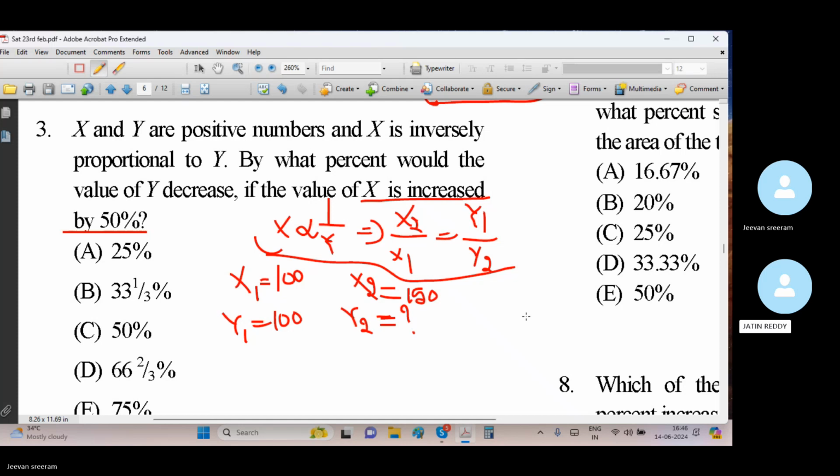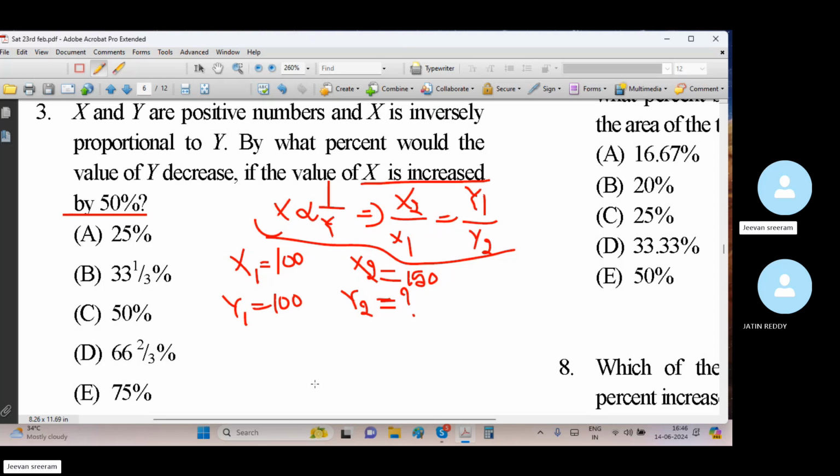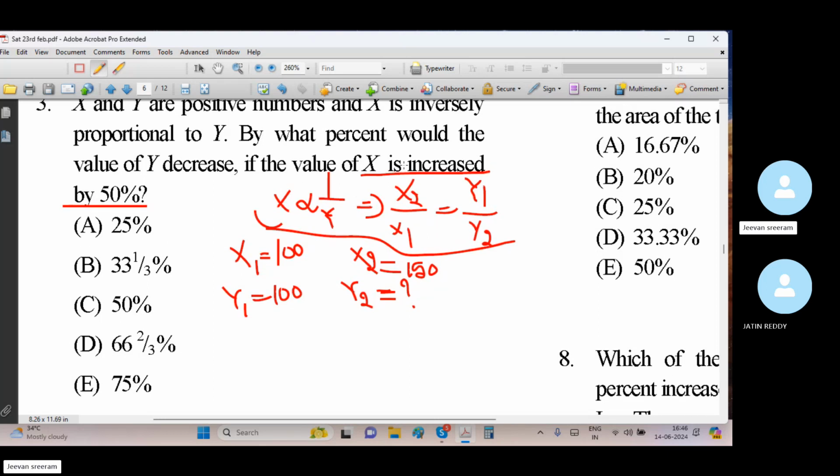Would it be 50, sir? Have you simplified? Have you solved this or not? I have already given the equation and also the values. X2 is 150, X1 100, Y1 100, Y2. If you couldn't understand anything, please let me know, even if that is basic. I expect a good score from you, at least 1300.